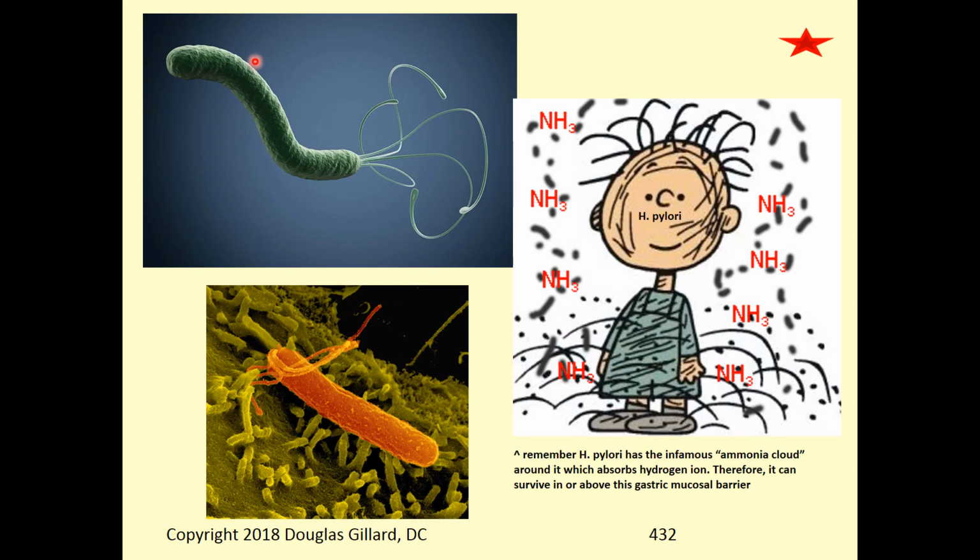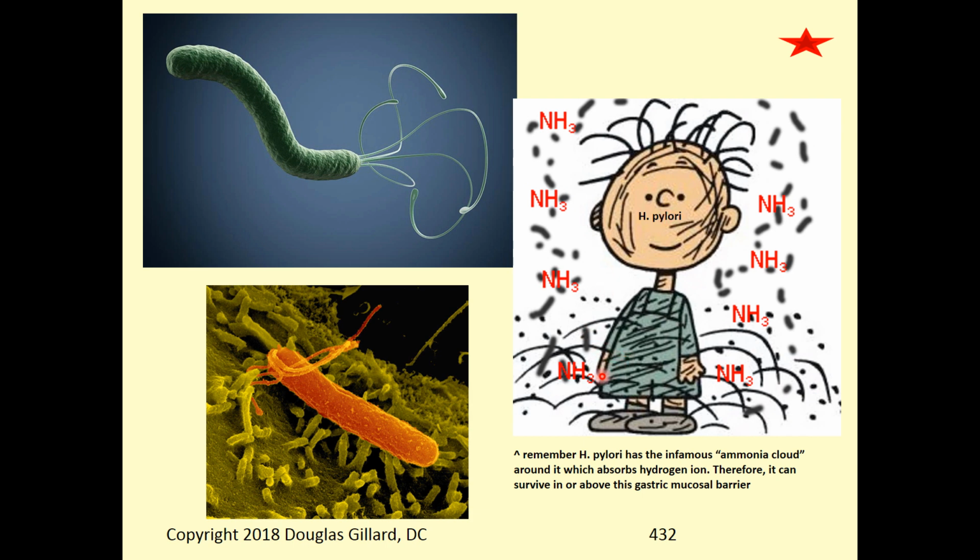Here's the bug, right? H. pylori. I took all the slides out. Dr. Doe can teach you more about H. pylori. But remember the weird thing? Here's that cartoon character. I was trying to remember his name. I still can't remember his name. It's that little dirty character, and he's got a cloud of dirt around him. Well, consider him H. pylori.